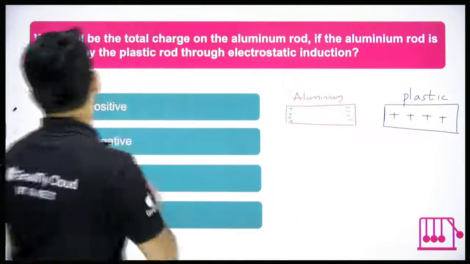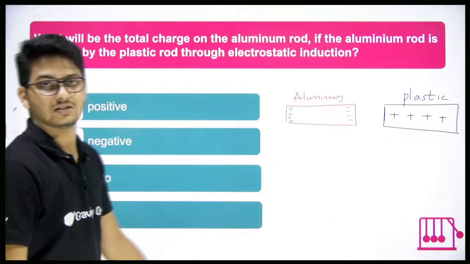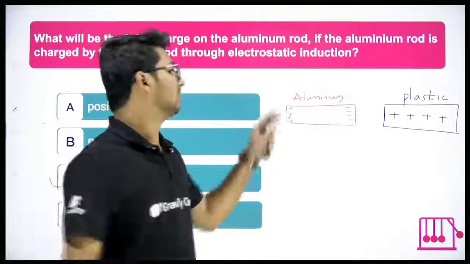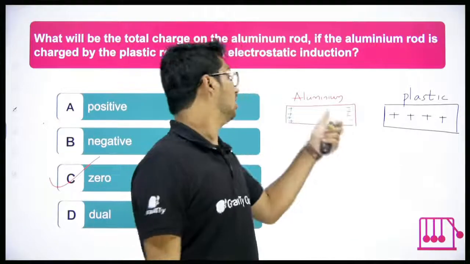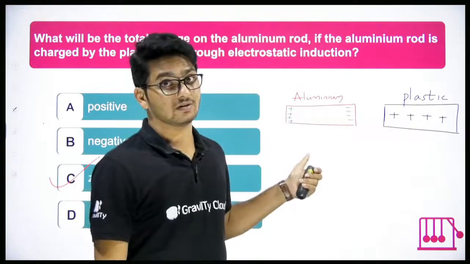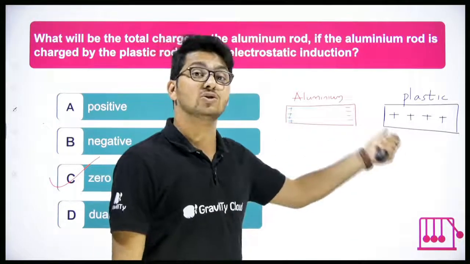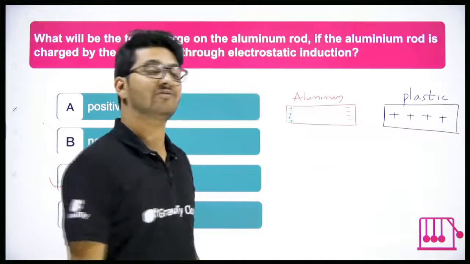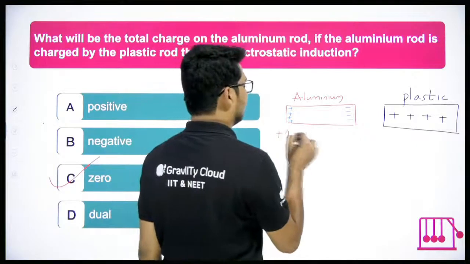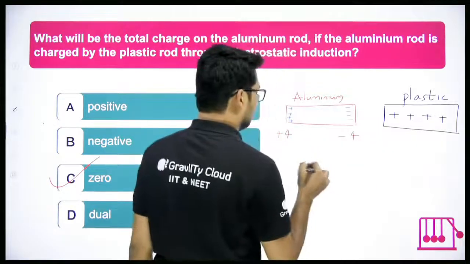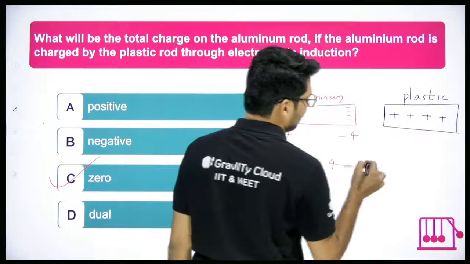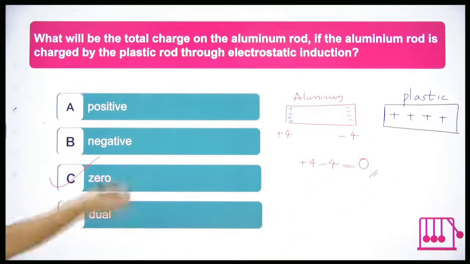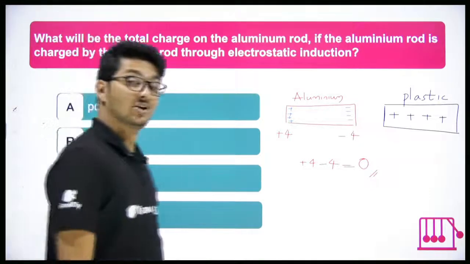No. What's happening is redistribution of charges. Whatever is there is getting distributed among themselves. Negative is going towards the right, positive is coming towards the left. If 4 negative charges go to the right, 4 positive charges will go to the left. So according to this diagram, plus 4 and minus 4. When you add them for total charge, it will be 0. Interesting question, right?